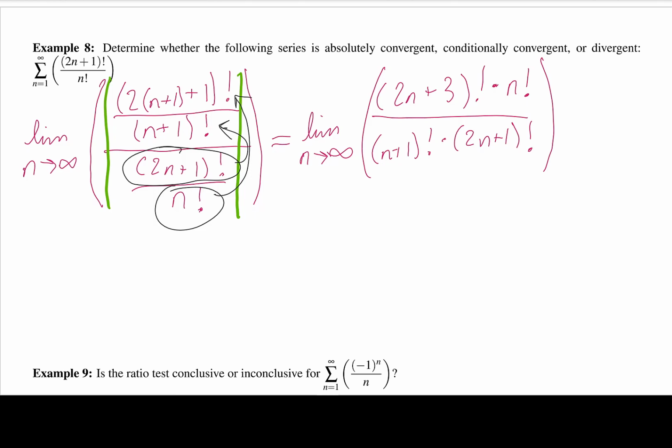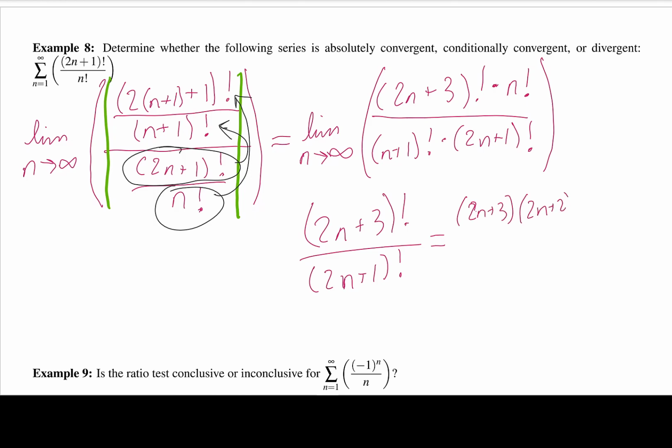Okay, so I want to look at something real quick, which is what is 2n plus 3 factorial divided by 2n plus 1 factorial? Well, this would be 2n plus 3 times 2n plus 2 times 2n plus 1, and so on.